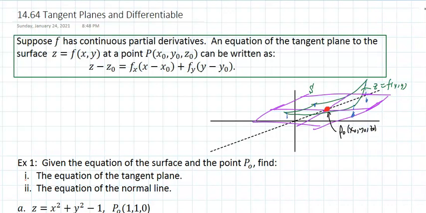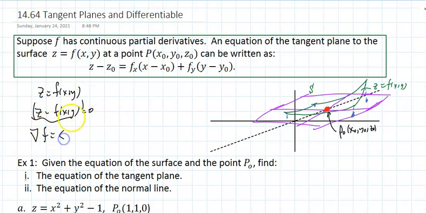If I want to find an equation of a plane given z equal f of x, y, well, I know how to do that. Tangent plane specifically. We did that in the previous section. Take z minus f of x, y equals 0. Find the gradient applied on this. So the gradient of f would be negative f sub x, negative f sub y, and 1.